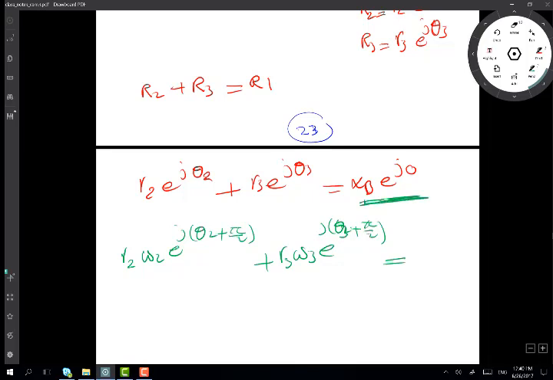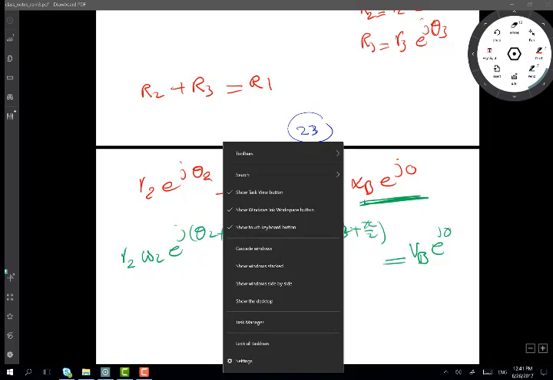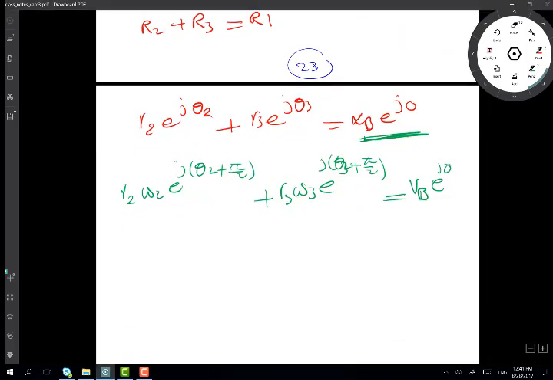Differentiating the first term will give me VB. The second term is constant angle, so differentiating it gives 0 and I don't have to worry about it. Now I can do my real and imaginary parts.